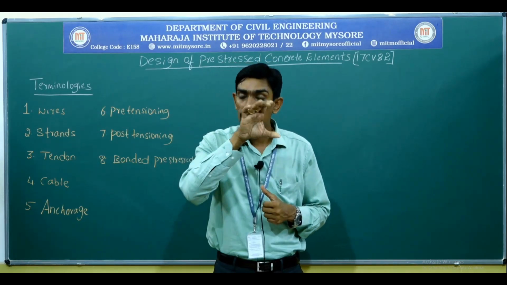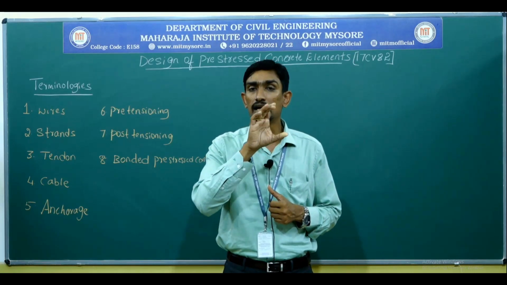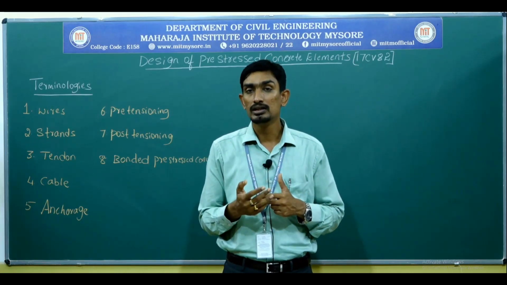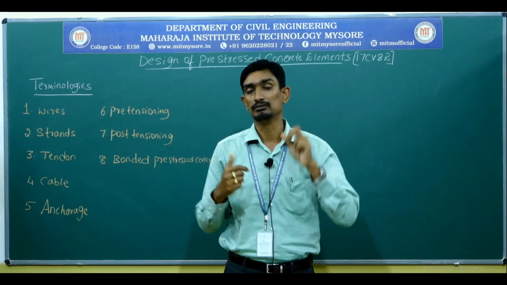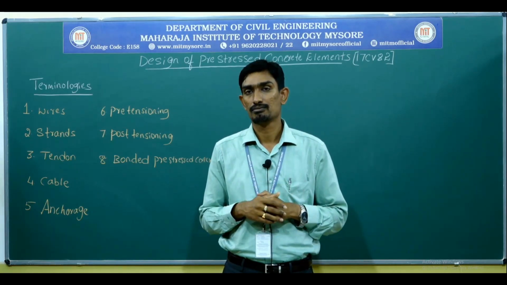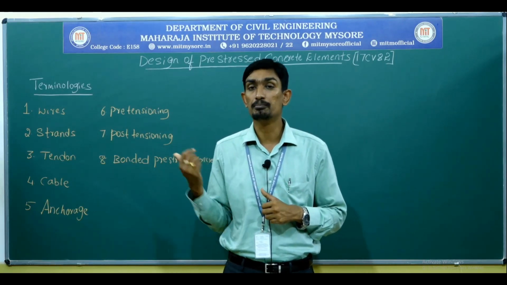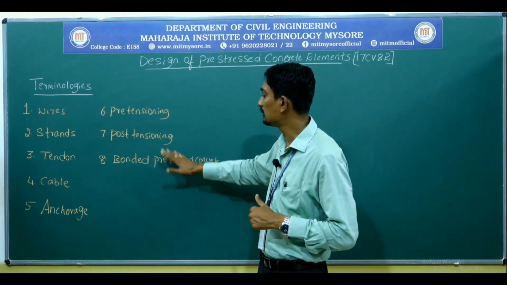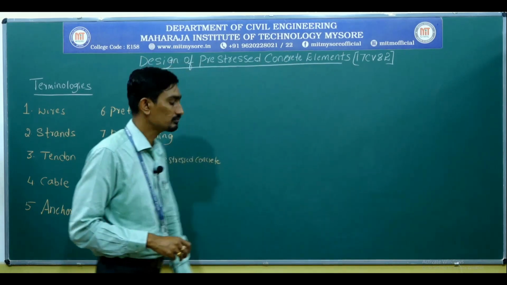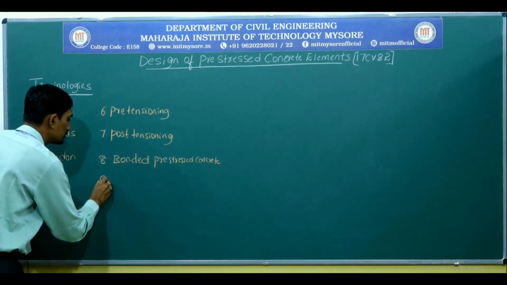So the bond between concrete and tendon serves the pretensioning better. Is it clear? So this is bonded. The best example of bonded PSC is pretension. We will move on to the next.